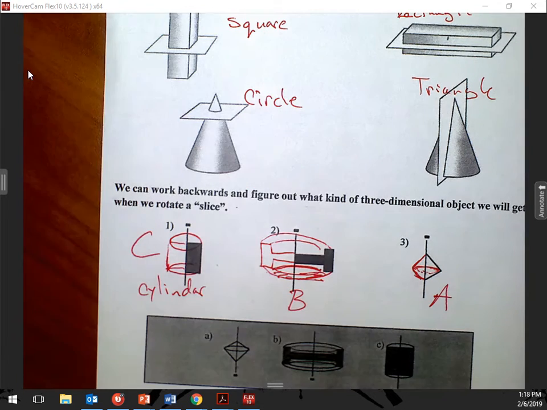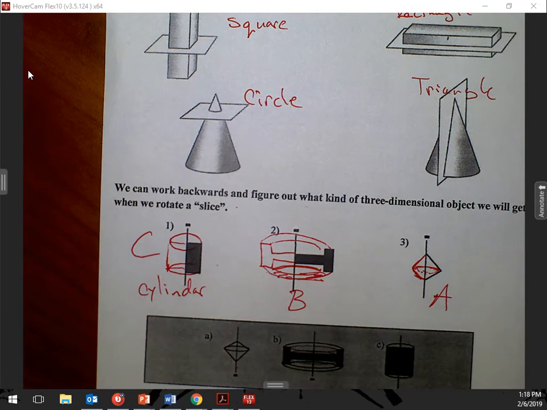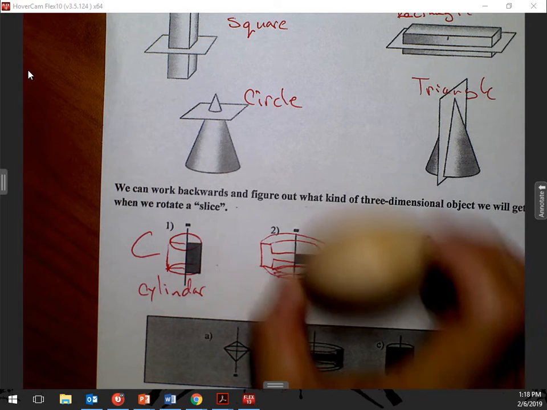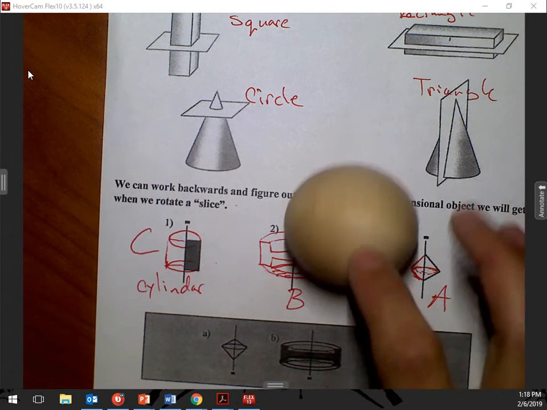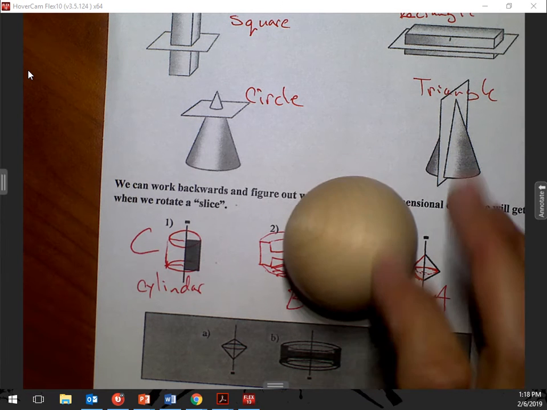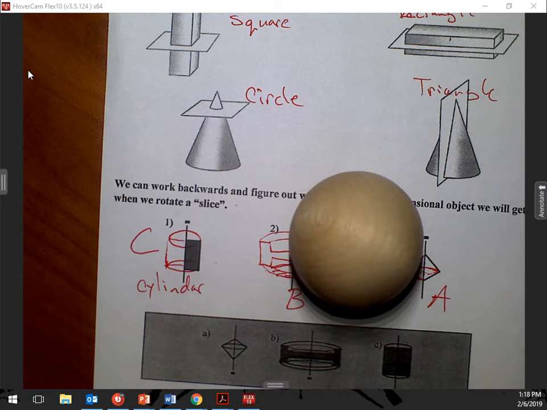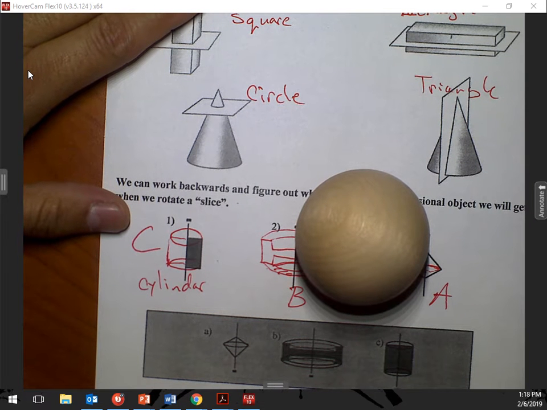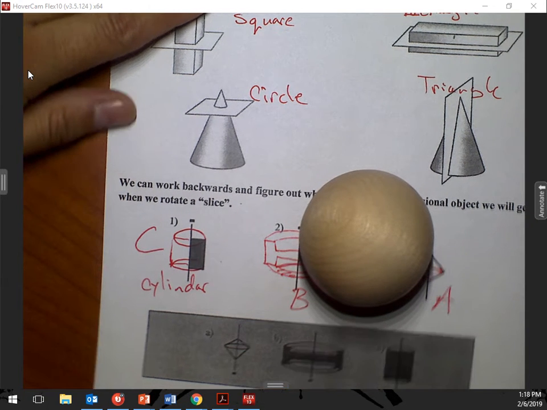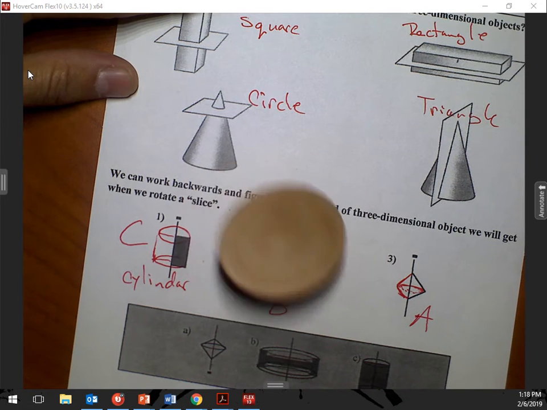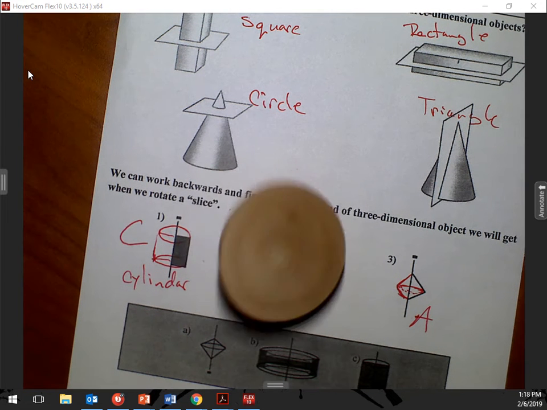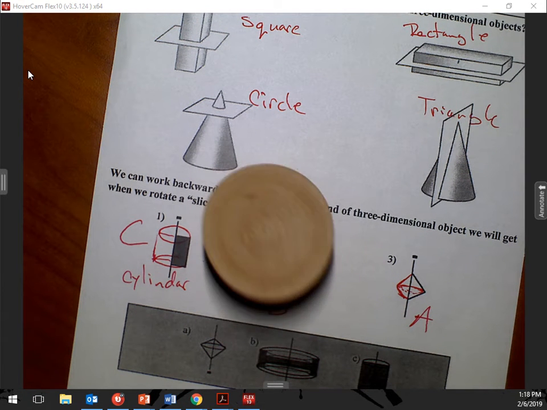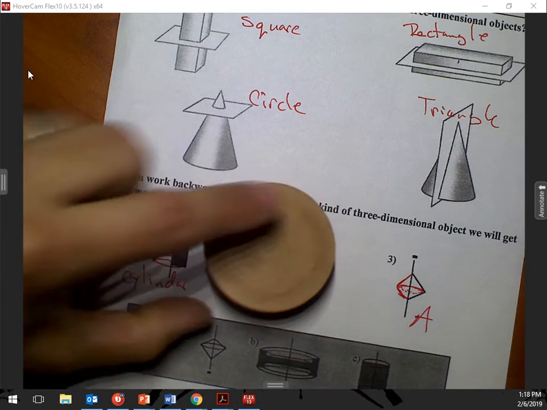Okay, so let me. What's this thing? A sphere. Any way I cut it. You guys ready? I'm about ready to karate chop this thing. Okay, you ready? So what shape is that?